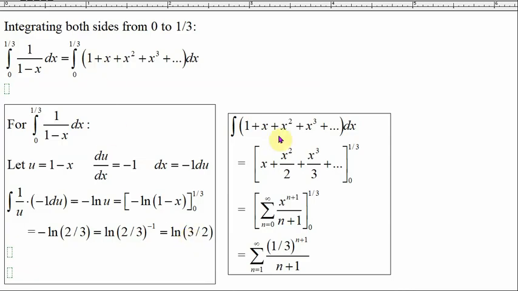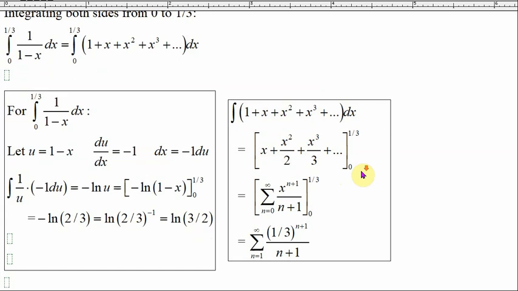For the right side, the integral gives us x, then x squared over 2, x to the third over 3, x to the fourth over 4, and so on. Using summation notation, we can write this as the sum with the expression x to the n plus 1 divided by n plus 1.